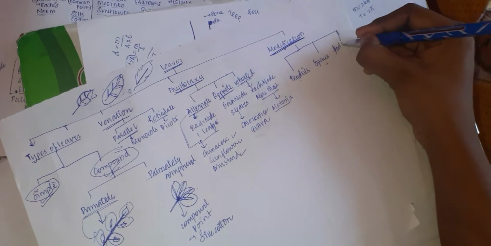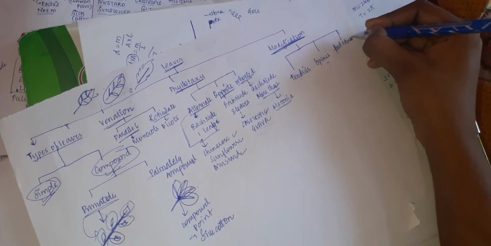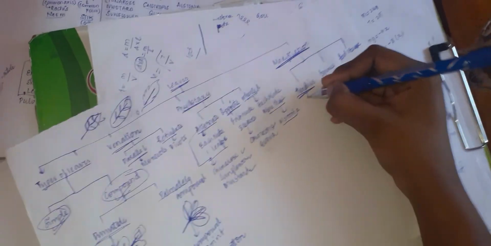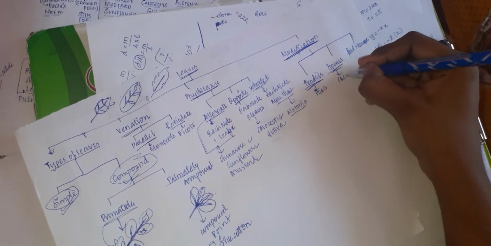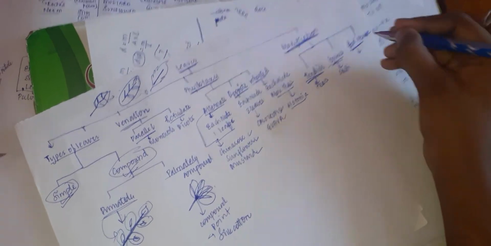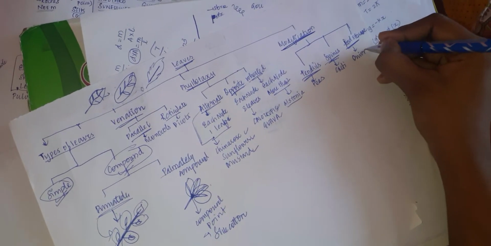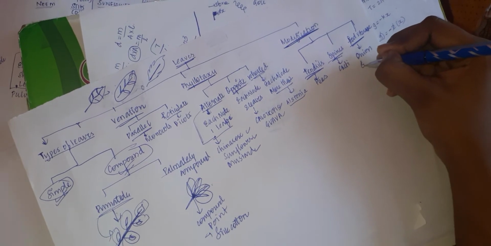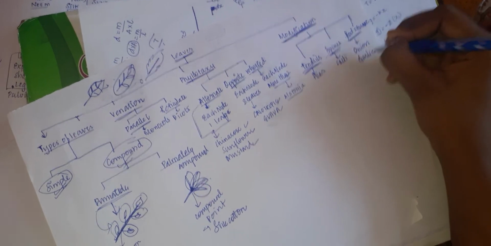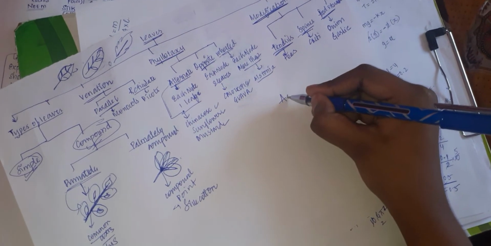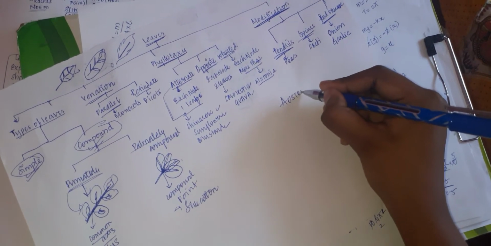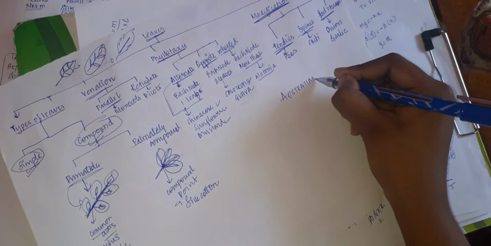Tendrils go to peas, spines go to cacti, food storage goes to onion and garlic. And one more thing here, a special case. You call it Australian acacia.